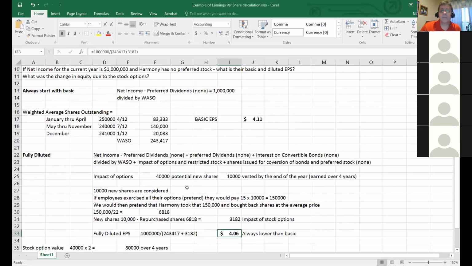All right. Other questions? On the homework and actually on the practice too, they both have unrealized gains and losses. That goes back to many lessons ago, right? Yes. So that's going to impact your AOCI, right? Right.